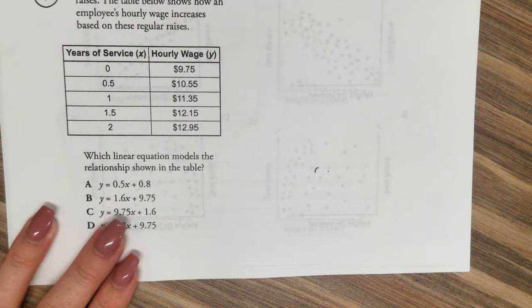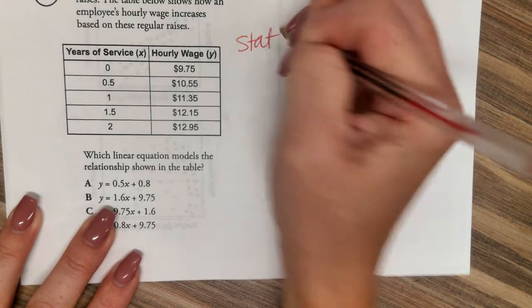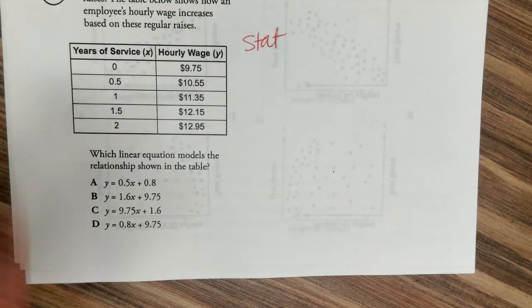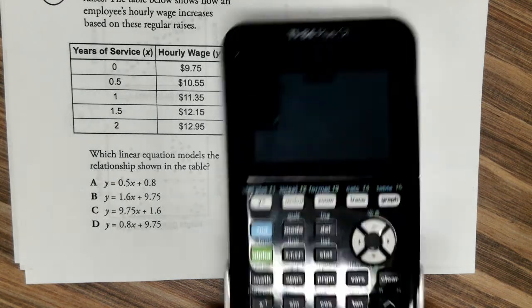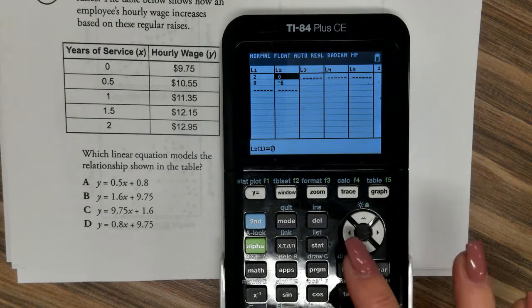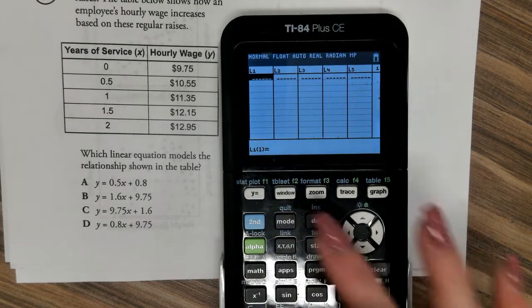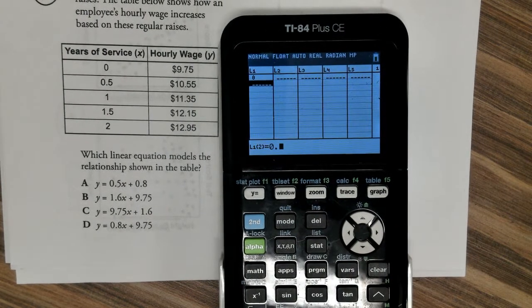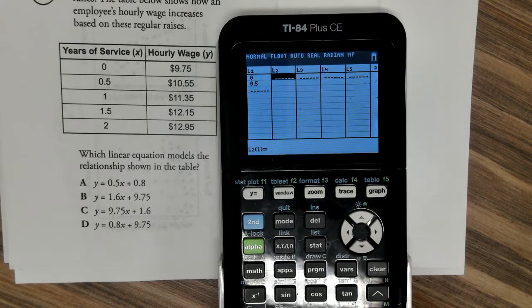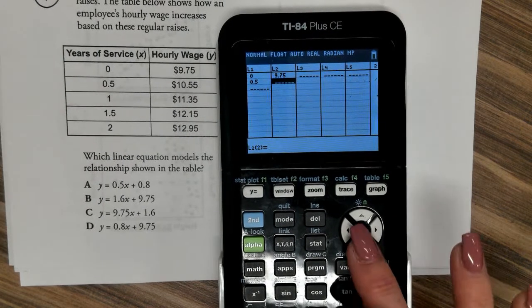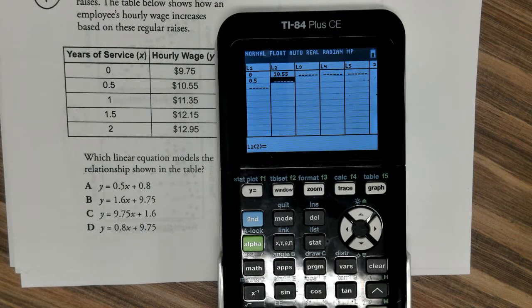Number 13, again, what do I use? Stat. Do I have to put all of those points in, or can I only put 2? I can only put 2 if I want to. So I'm going to do 0 and 0.5 and 9.75 and 10.55.